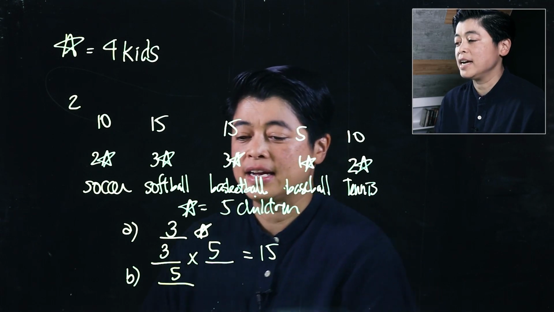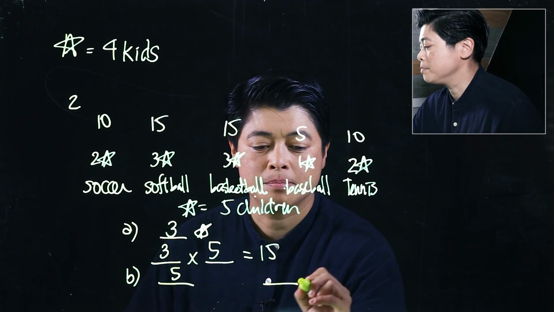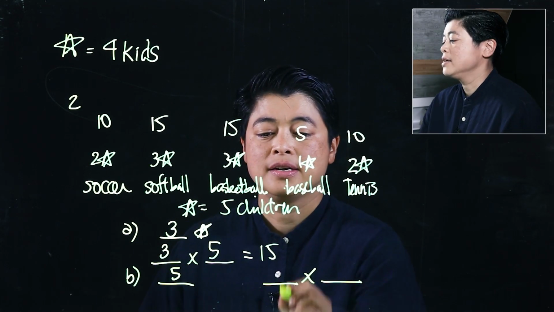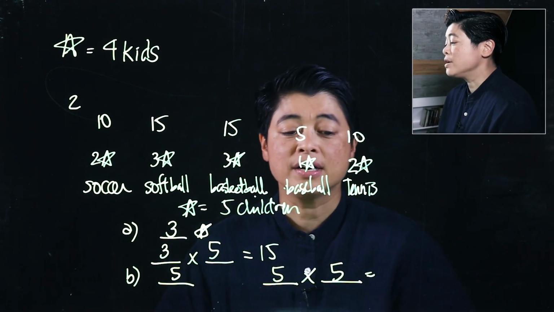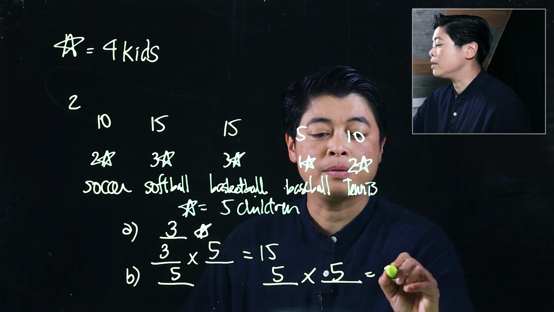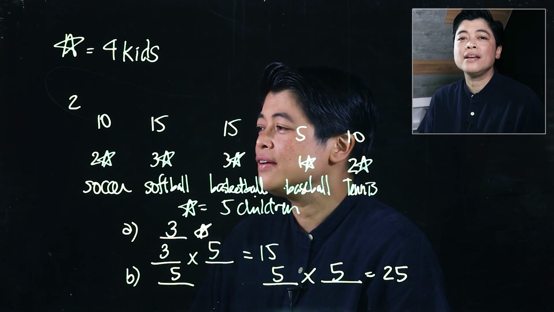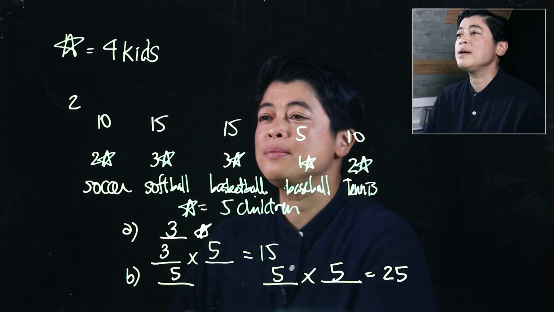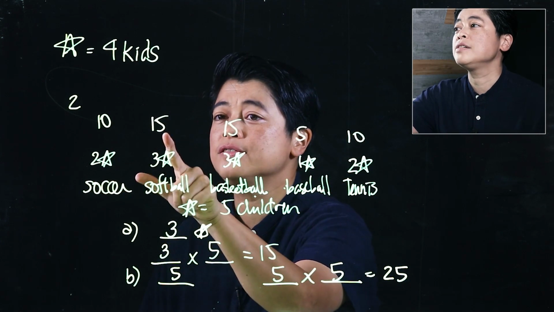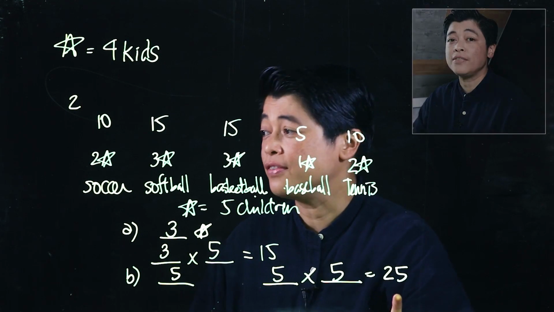Then it says blank times blank, so that would be 5 times 5. If we multiply that out, that will be 25. But if they didn't have the leading questions, we should be able to tell that it's 10 plus 15, which is 25.